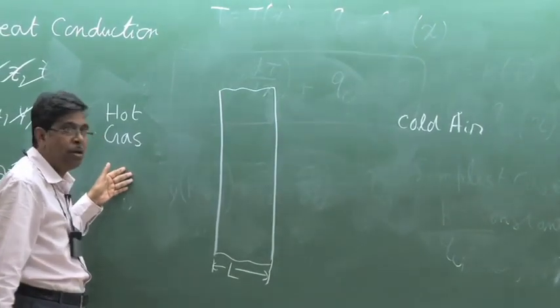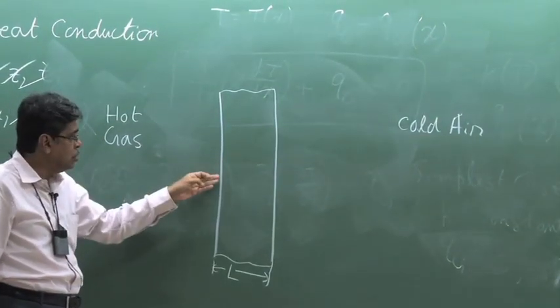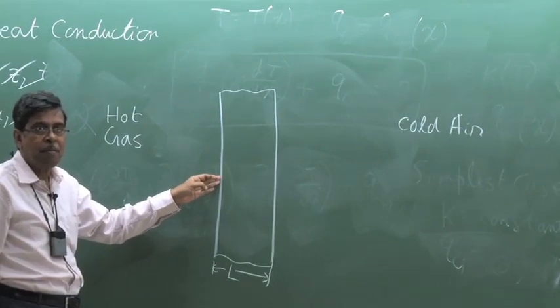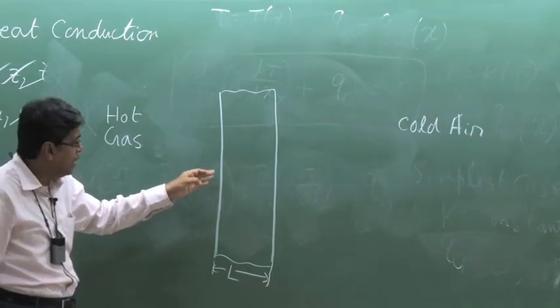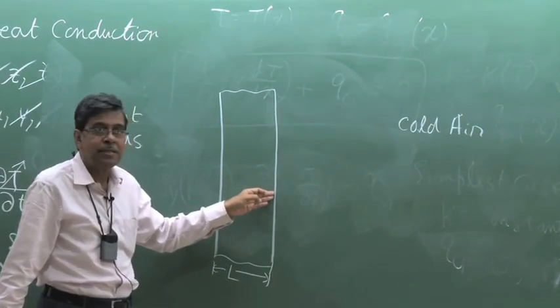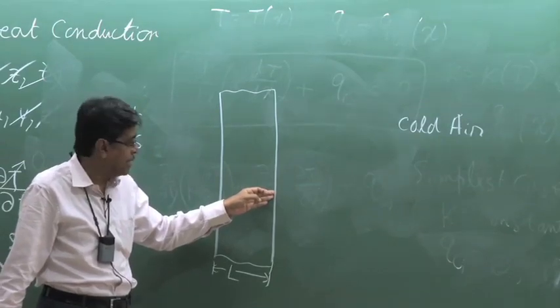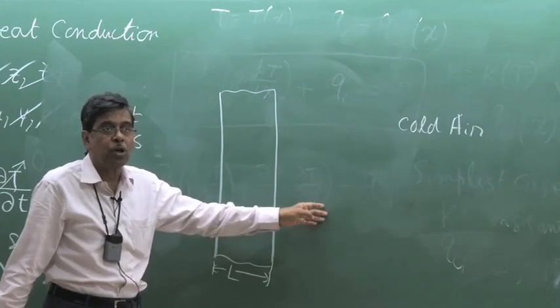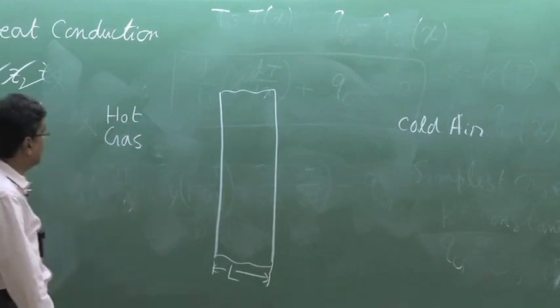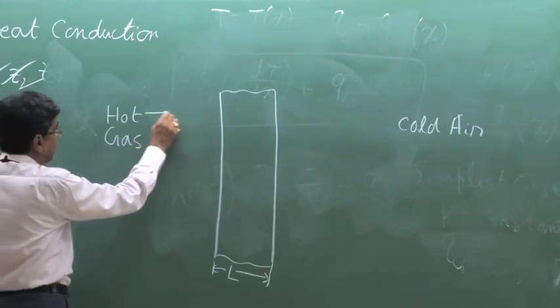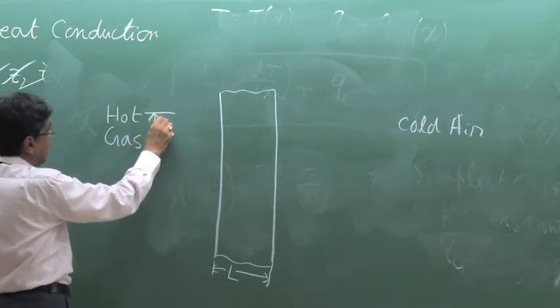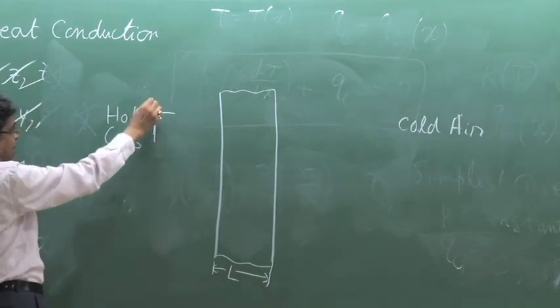Heat comes from the hot gas to the surface by convection, then flows through the solid by conduction, and again goes to the cold air. The problem is specified by some temperatures.